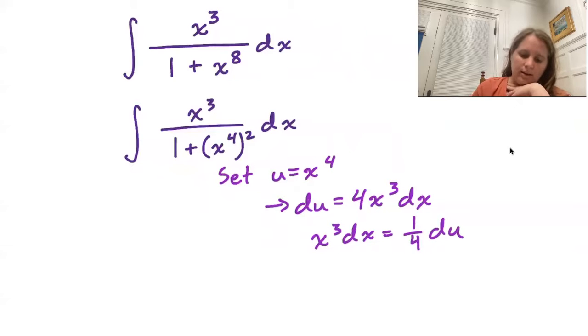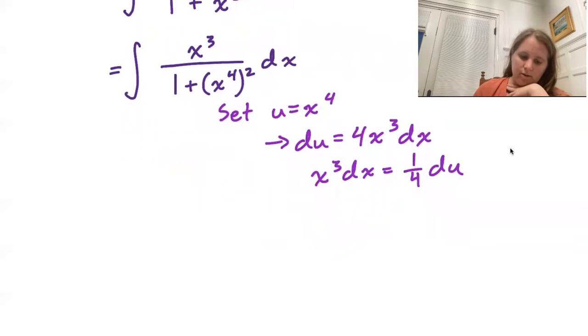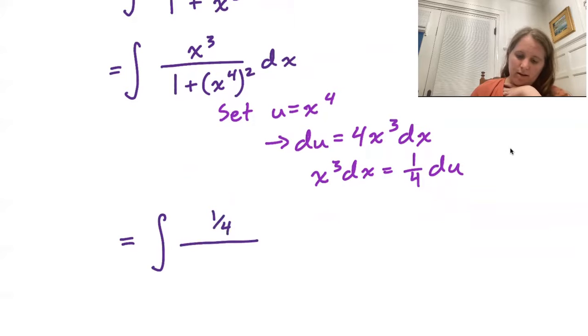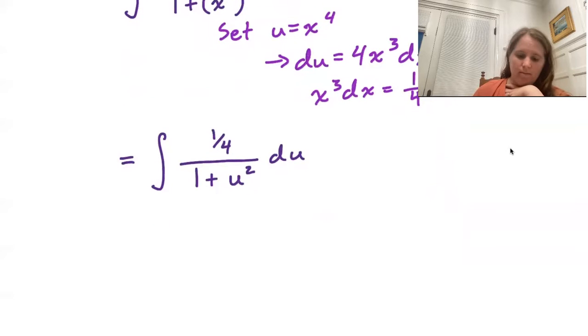And we wind up getting then the integral of, the x cubed dx becomes 1/4, so we essentially have 1/4 over 1 plus u squared du, or 1/4 times tan inverse of u plus c.